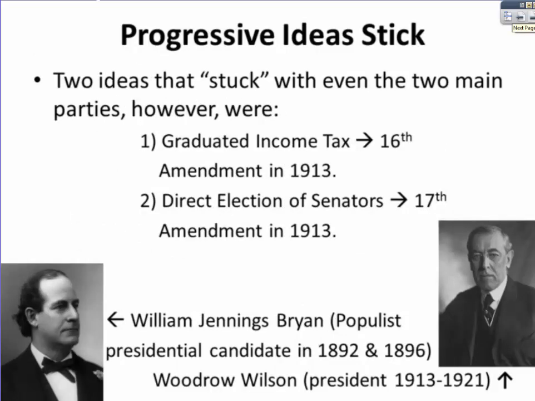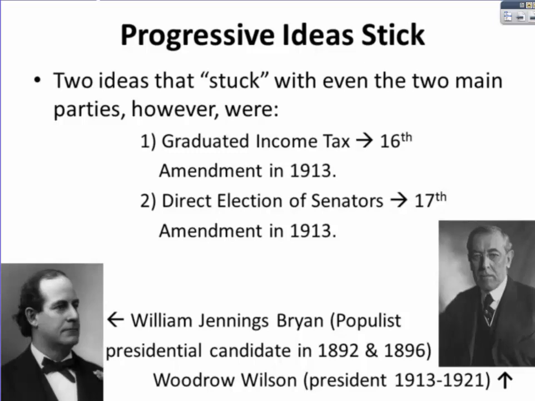Some of these progressive ideas stick, however. Two ideas that stuck with even the two main parties, the Democrats and the Republicans, were one, the graduated income tax, which became the 16th Amendment in 1913, and secondly, the direct election of senators, which became the 17th Amendment in 1913.